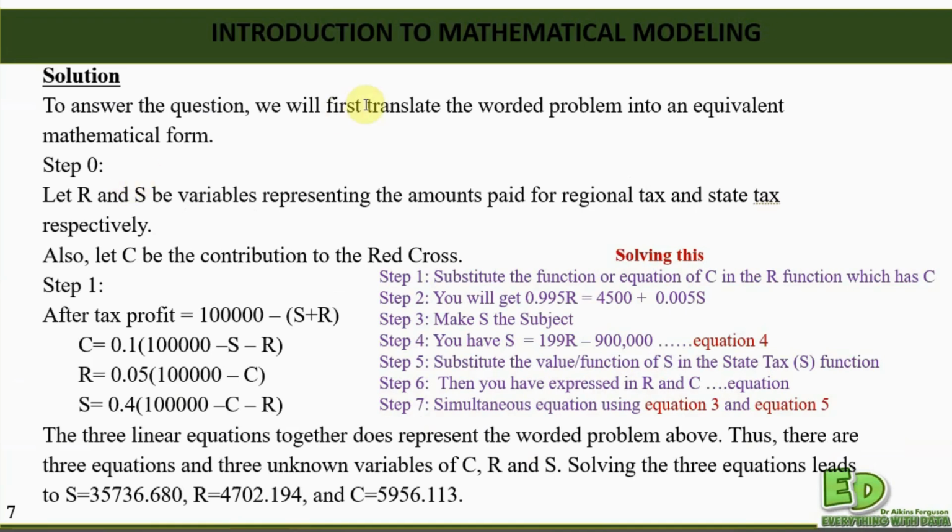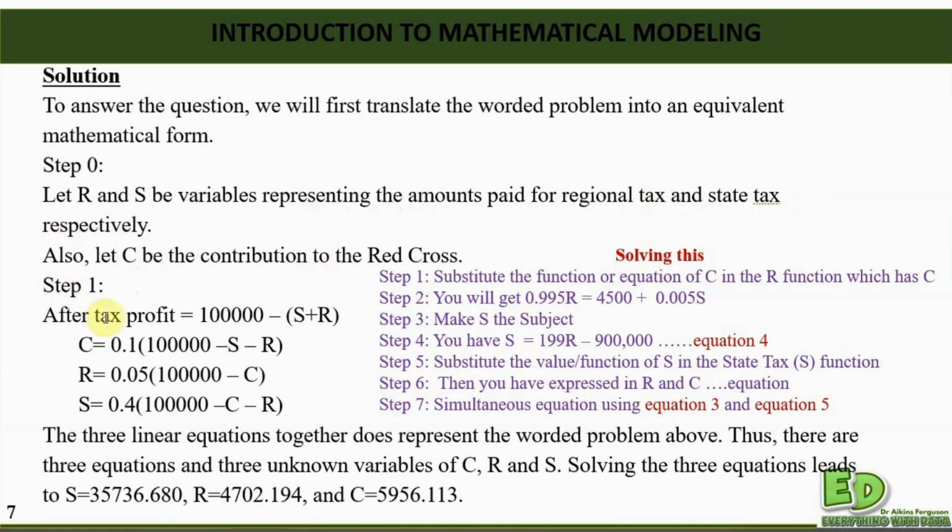So to answer this question, we'll first translate the worded problem into an equivalent mathematical form. Step 0 is to identify the decision variables. So let R and S be the variables representing the amounts paid for regional tax and state tax, respectively. Also, let C represent the contribution to Red Cross.